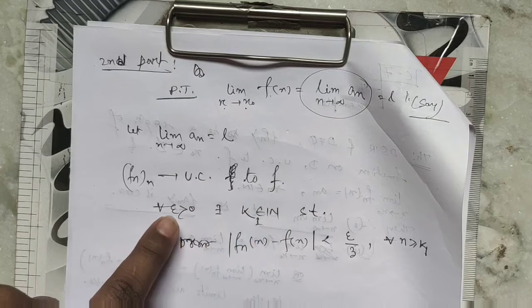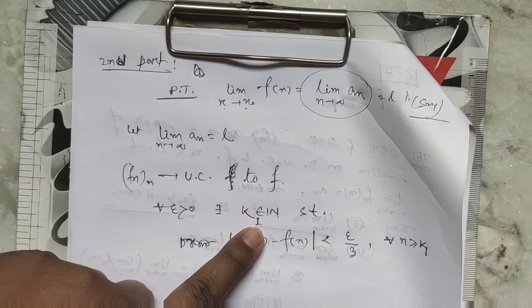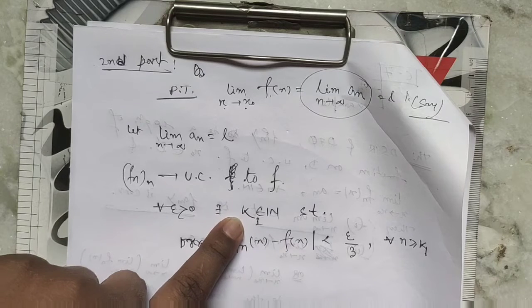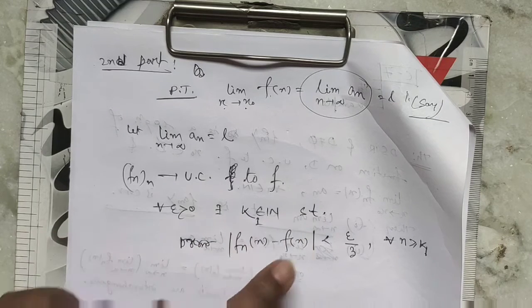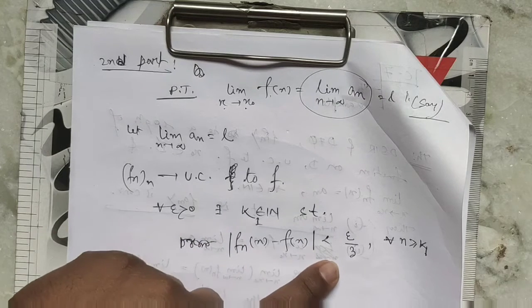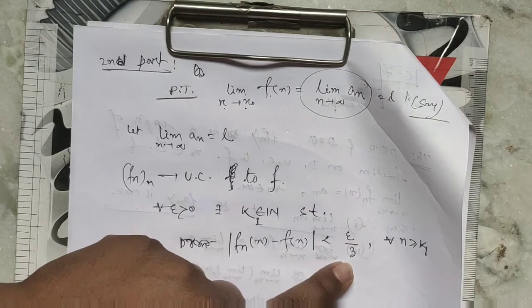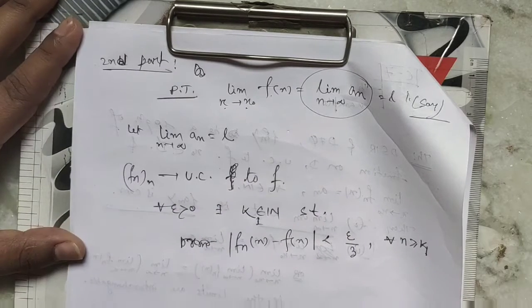So by definition, for each epsilon greater than 0 there exists a natural number, we take k1, such that mod of fn(x) minus f(x) is less than epsilon. We can choose any epsilon, so we take epsilon by 3, for all n greater than or equal to k1.